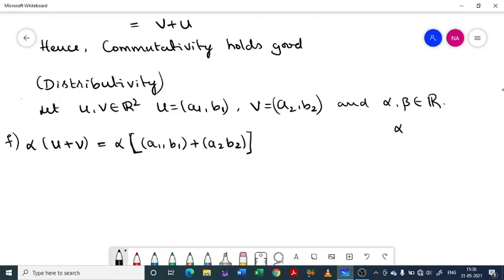I have to prove that alpha times of U plus V equal to alpha U plus alpha V. That we need to prove. Keep that in mind. That is actually alpha times of A1 plus A2 comma B1 plus B2.